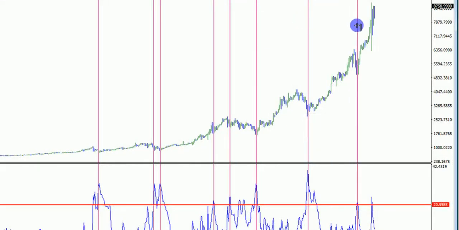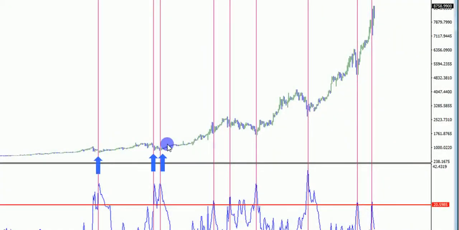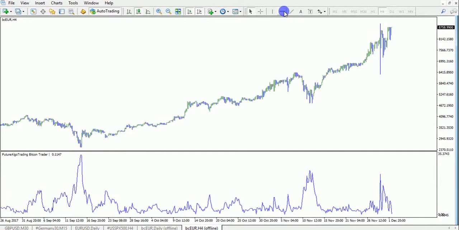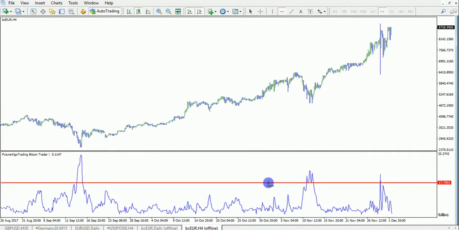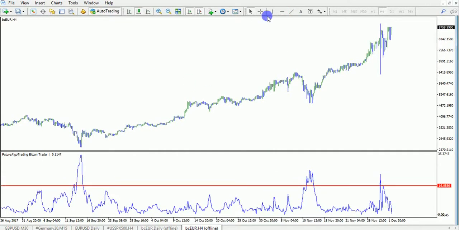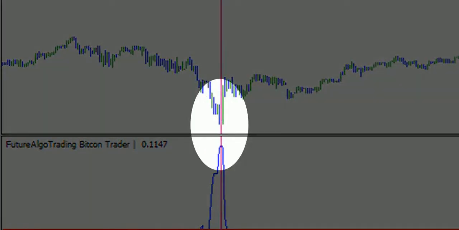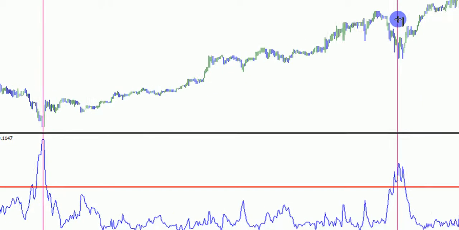We could, of course, have taken a sneaky one in there and a further trade there, and we would have been absolutely right every time. And it works, of course, on all the time frames. Here's the same indicator on the 4-hour. We take our line, pop that about halfway down the indicator window, and there you are. Bang, absolutely perfect place to buy, and there.